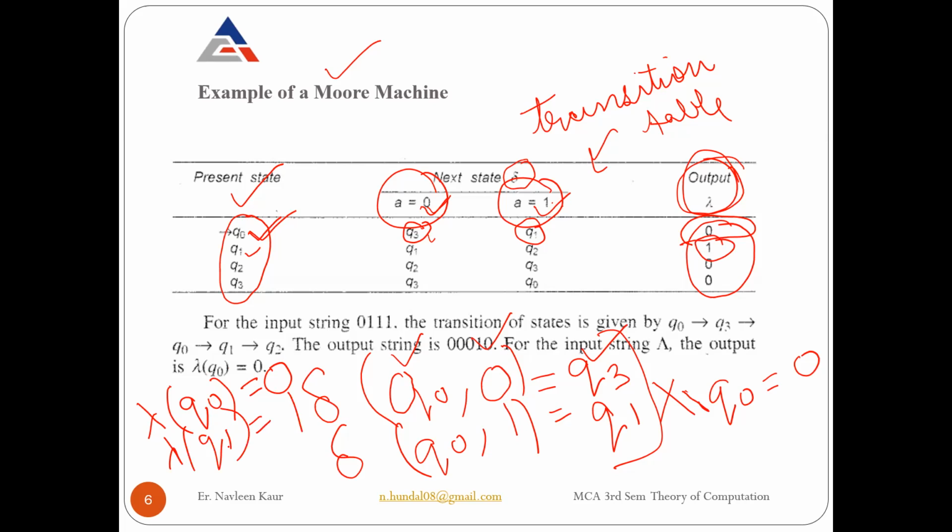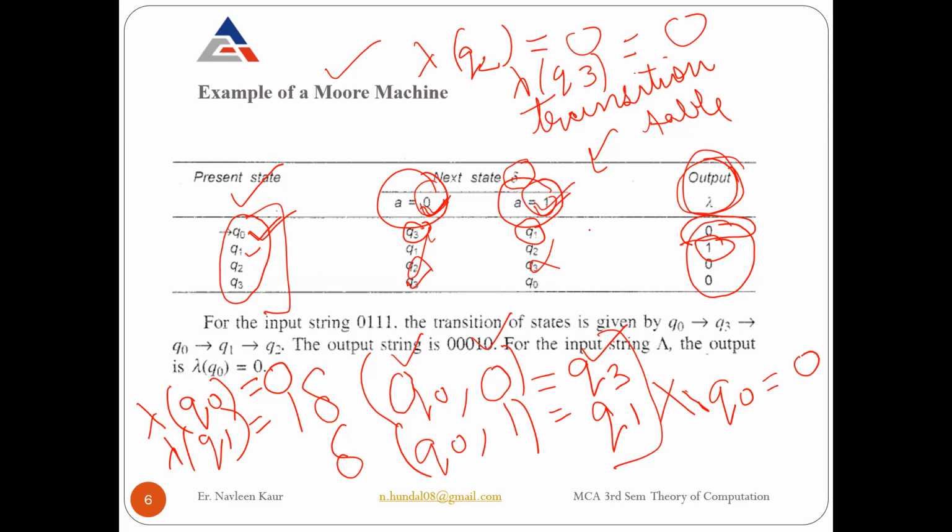It is only depending upon the states and not the inputs. For Q2, for lambda Q2, what will be the output? The output is always 0, not dependent on 0 and 1. For the last one, Q3 state, the output is again 0.